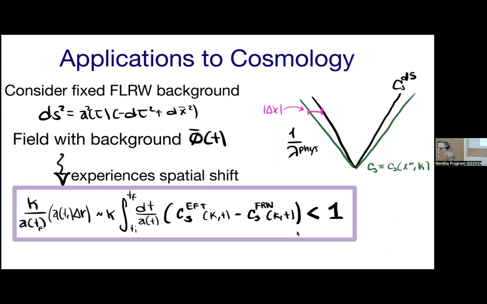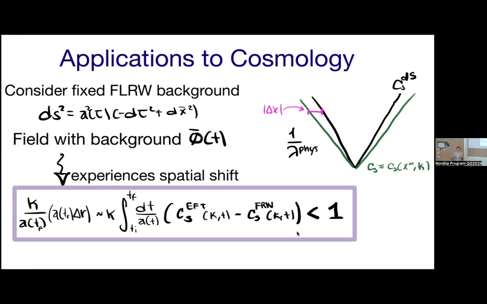And instead of measuring, of course, just any spatial delay, you're going to be looking at the physical distances. So in principle, you want to look at this multiplied by the scale factor. But also you want to compare to wavelengths that are physical, which means that there's going to be another scale factor here for the inverse wavelength that you get.